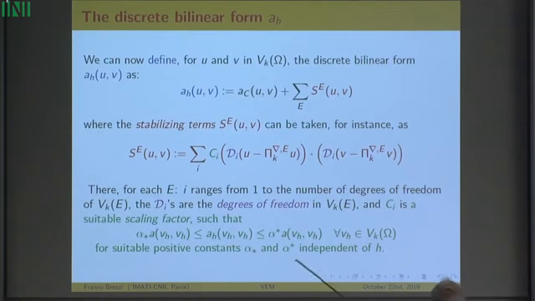And one possibility is just what you know about your guy here. Well, you know the degrees of freedom. This is for sure. So if you apply the degrees of freedom to the difference between your virtual element function and its projection, if by chance your function is a polynomial, this is 0, okay? So this bilinear form here will vanish whenever either u or v is a polynomial of degree k.